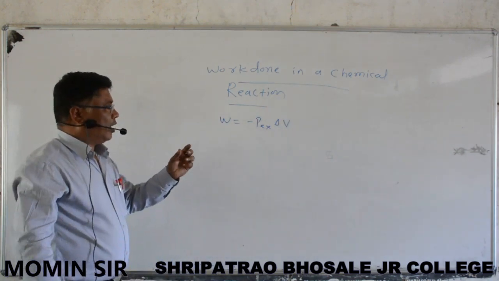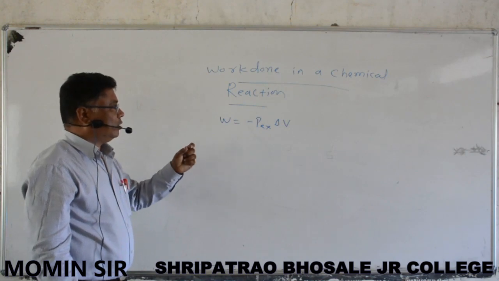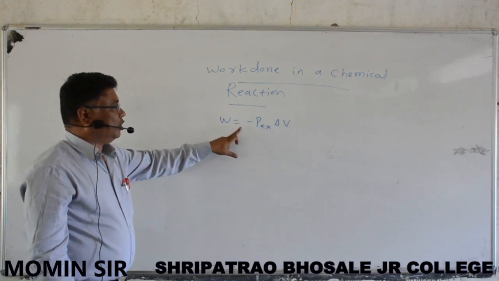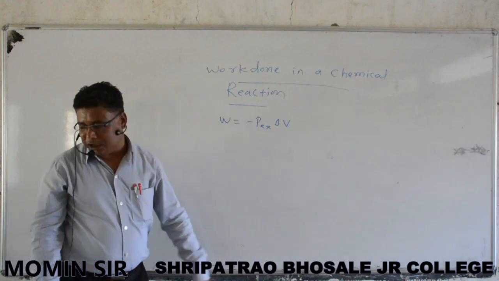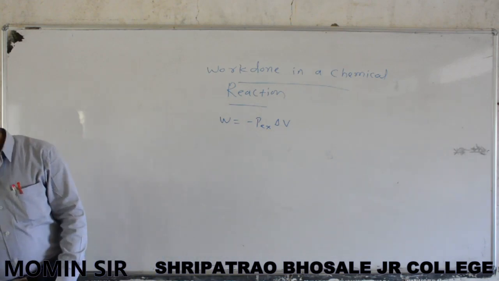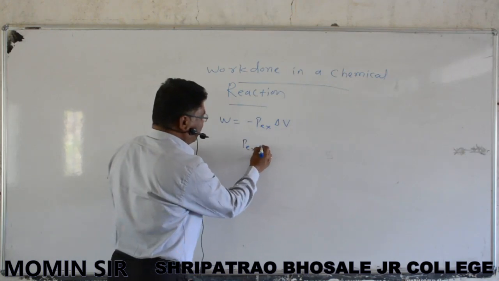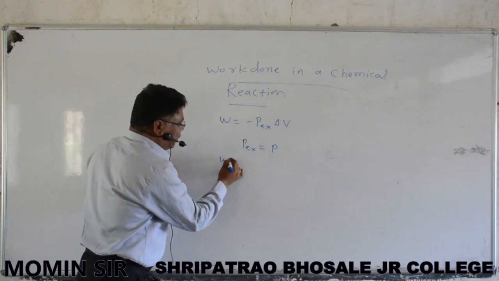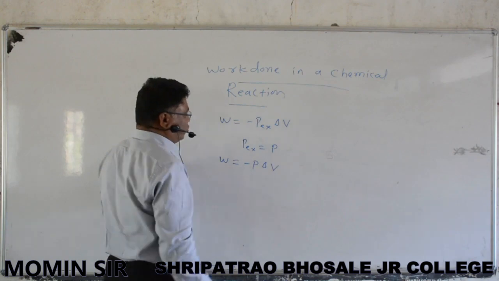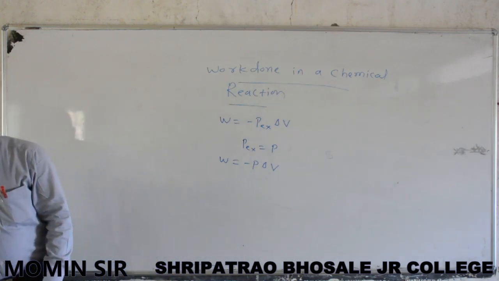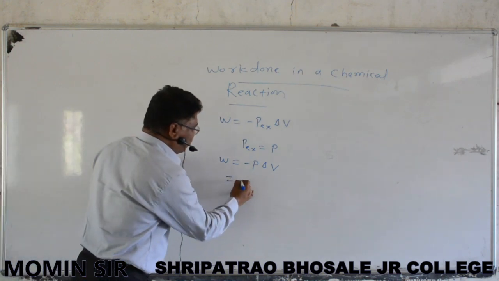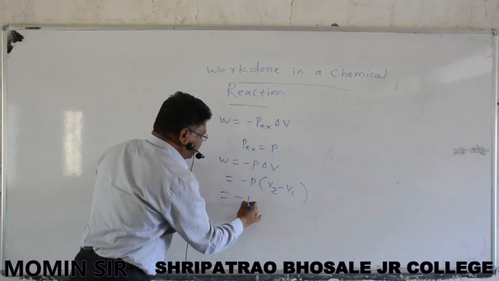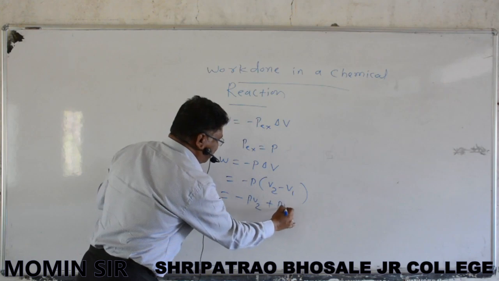You know that at constant temperature and constant pressure, the work done in the chemical reaction is given by the equation W is equal to minus P external into delta V. If we consider that P external is equal to P, that means external pressure is equal to the pressure of gas, then W is equal to minus P into delta V, that is equal to minus P into (V2 minus V1), that is equal to minus PV2 plus PV1.